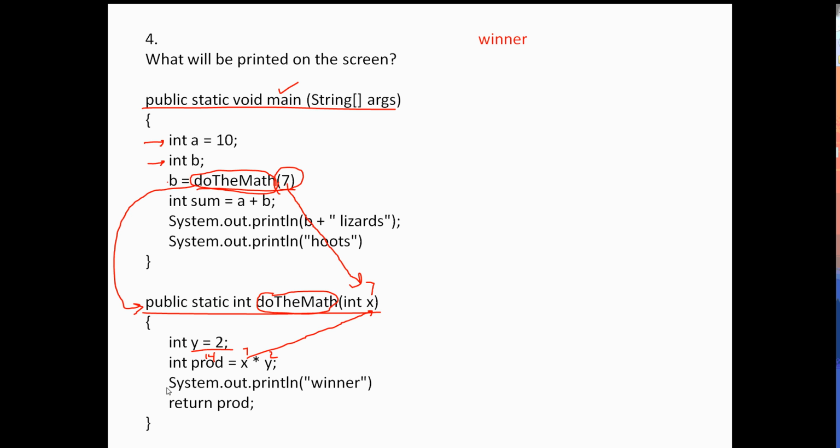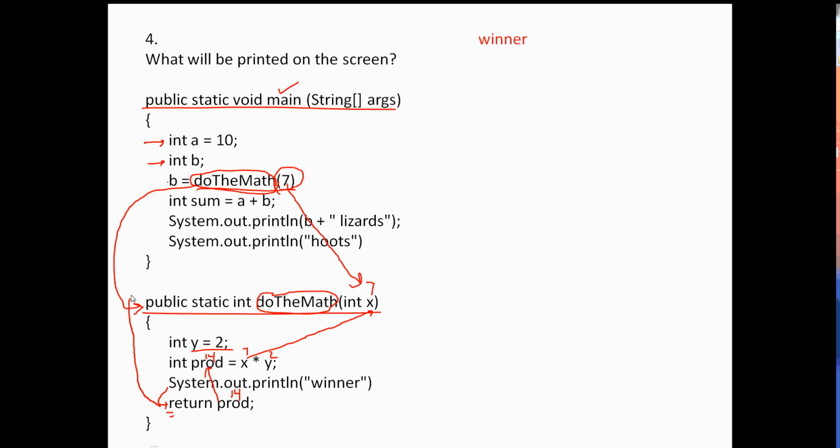The next line down is a return statement because it starts with the word return. It's not capitalized, so it's going to return prod. Well, prod is being called here. It's a variable it's called. Prod has a value of 14. On a return statement, the value that's being returned is always returned to the method call.